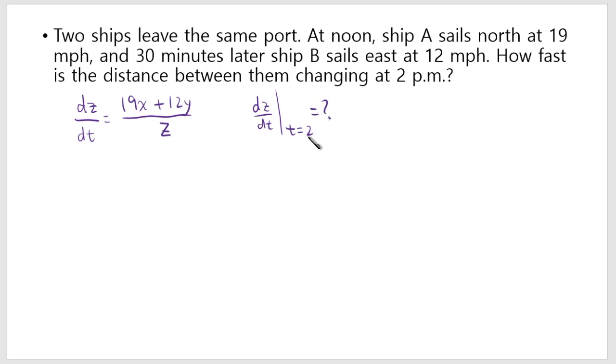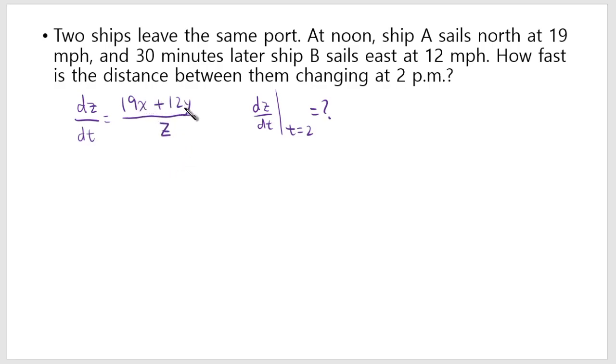Now, you should be convinced that for time t equals to 2, at 2 p.m., there will be some distance between the port and ship A, and another distance from the port to ship B. So these values x and y will be some given value. We can actually figure out that value.